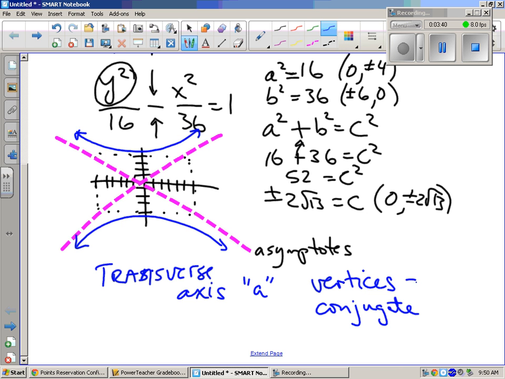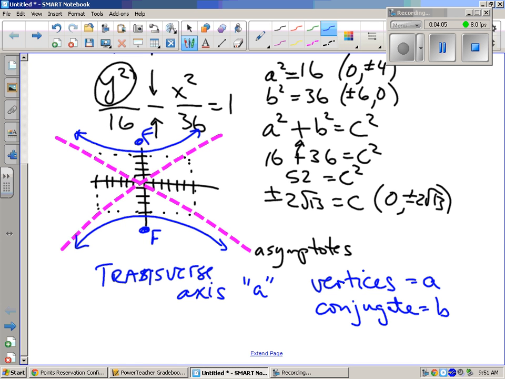Vertices are the A points, conjugate are the B points, or the conjugate axis, also we can call it. All right, and then the focus points are somewhere in here, whatever 2 root 13 equals. But we don't really need them to graph.